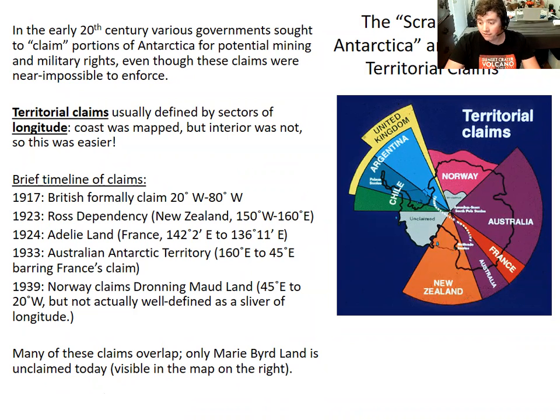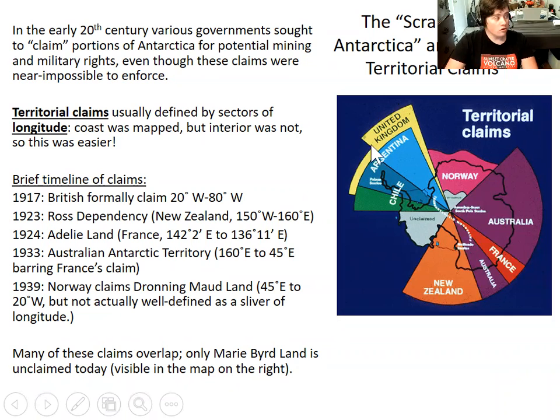And France went on to claim Adélie Land in 1924, the small sliver. Australia then decided to claim everything between New Zealand's claim and this would be 45 degrees west, but France had already claimed a sliver, so Australia had to modify it so that they excluded France's claim.